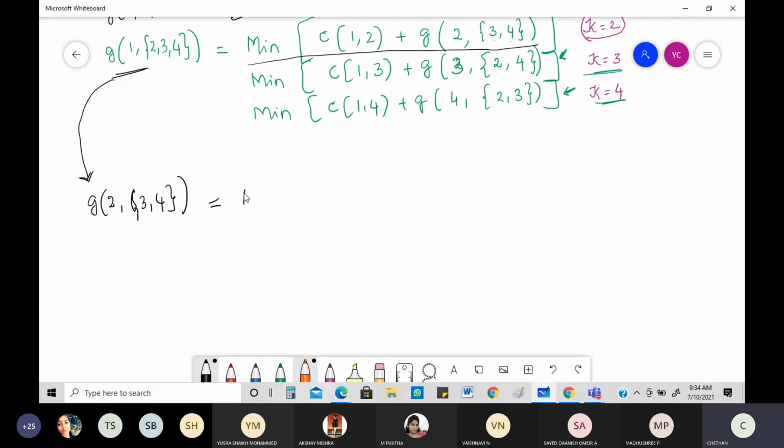So what is going to happen with regard to this? Minimum of same thing. Now see, here you have the source as 2. Same thing we're going to come, C of 2, comma 3. If I take 3 plus G of 3, comma, what will be remaining? If you take 3 and 4, then you minus 3. What will be remaining? Only 1, which is 4. Correct? Simple.